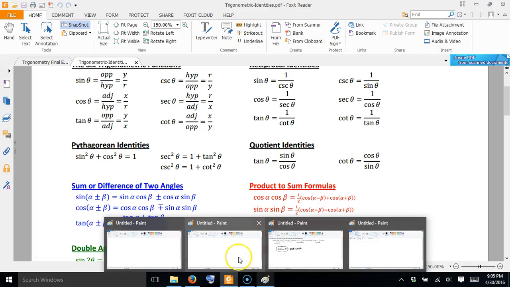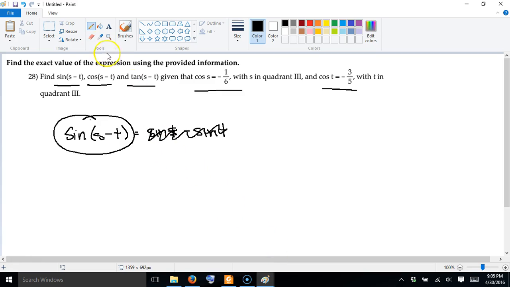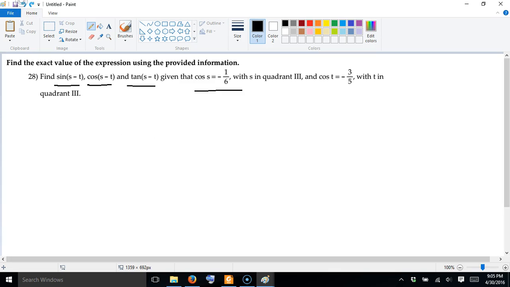So let's go back to this one and erase that. So what we need to do is this right here. Let's go ahead and write our identity out.